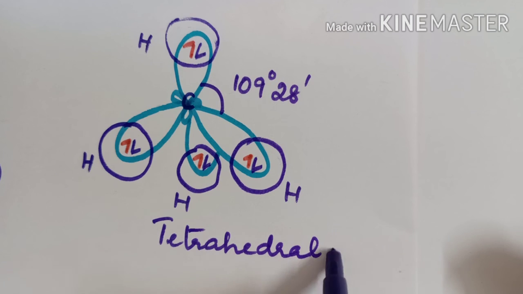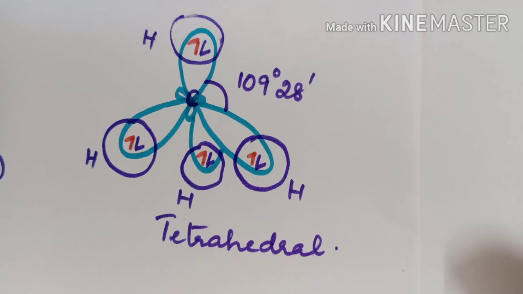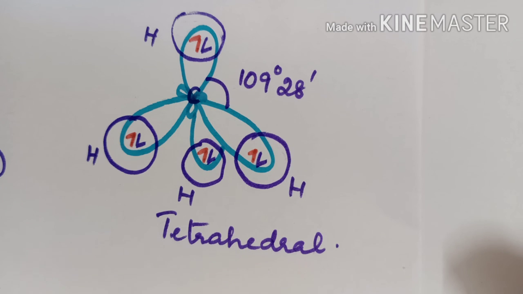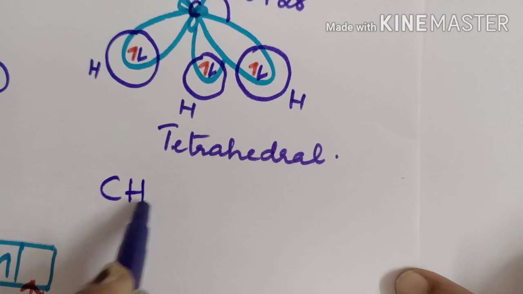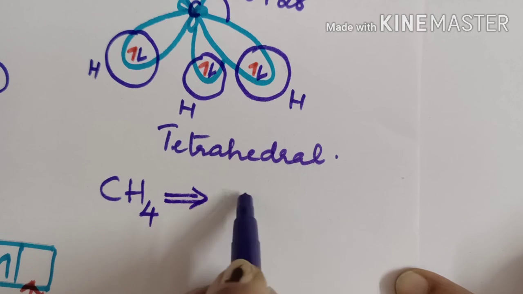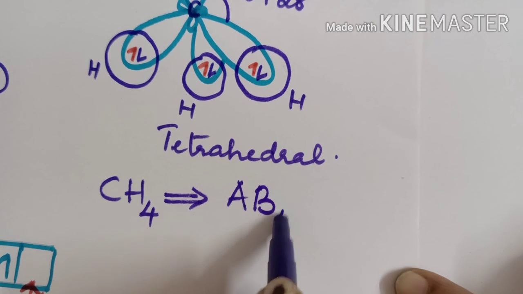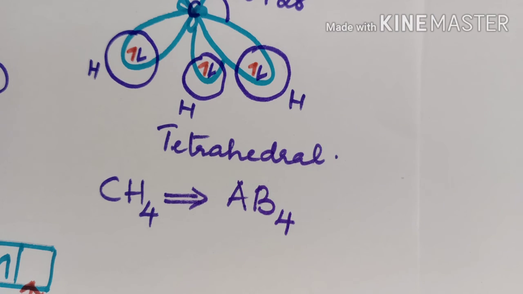So the same shape is predicted according to VSEPR theory. In VSEPR theory, you find that CH4 belongs to the category called AB4. So here the 4 bonds are to be placed at an angle of 109 degree 28 minutes in order to minimize the bond pair repulsions, and the structure predicted is tetrahedral.